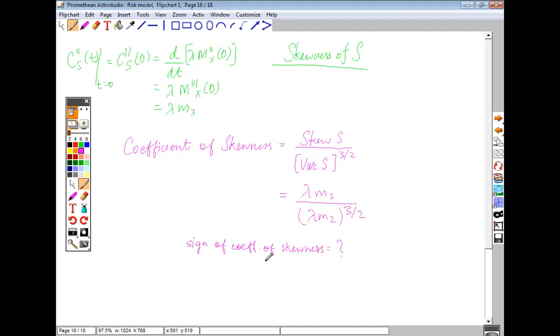So it depends on the sign of lambda, the sign of m3, and the sign of m2. What do you guys think? How will it determine the sign of the coefficient of skewness that we have?